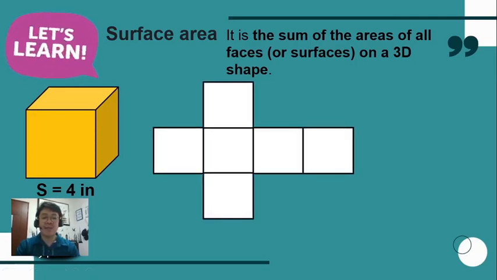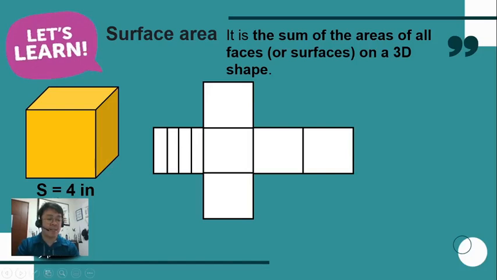To find the surface area, it says here that surface area is the sum of the areas of all faces. Since a cube has 6 faces, let's first solve for the area of one face. Since each side is equal to 4 inches, we can divide it into 4 equal parts, then the other side, 4. When we count the number of square units, 1, 2, 3, 4, it has 16 square units.